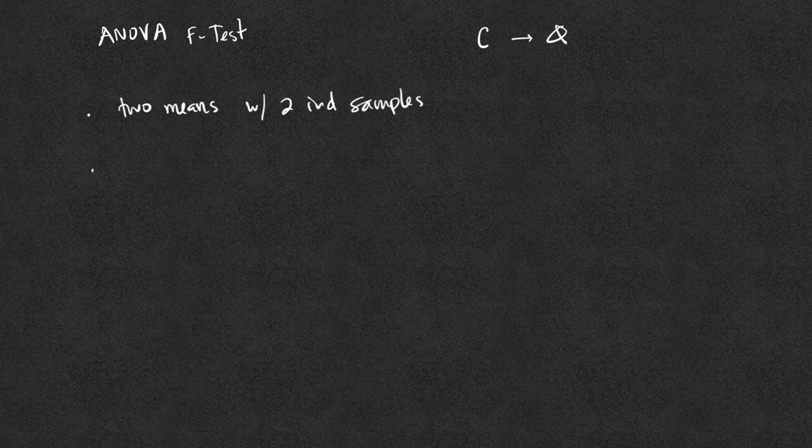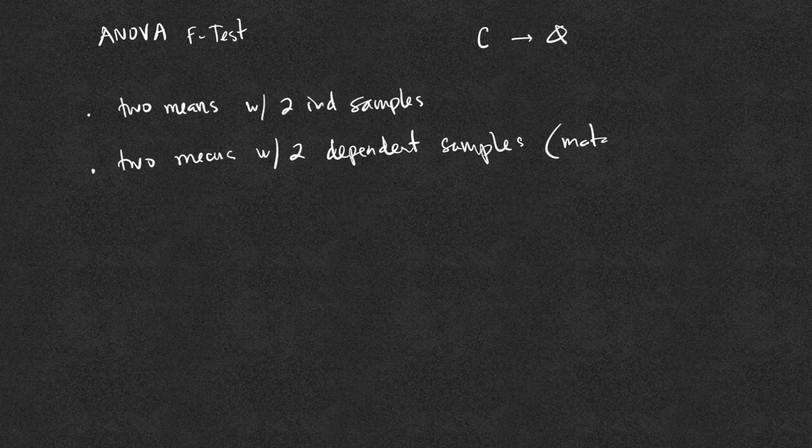We also compare the two means with two dependent samples, and this is the case where we have matched pairs. The procedure for the inference or statistic for each of these cases is different.